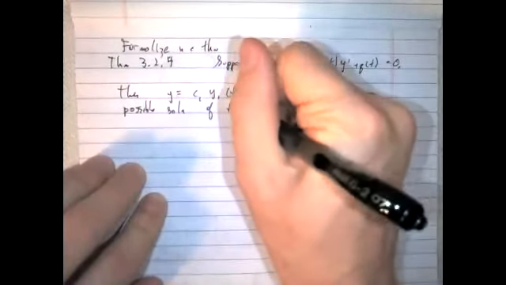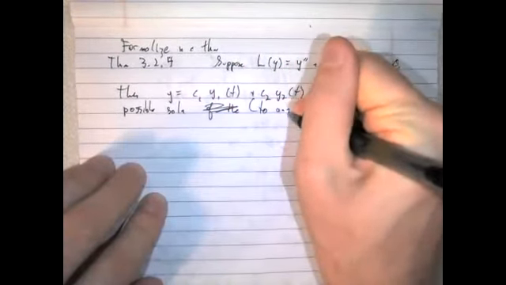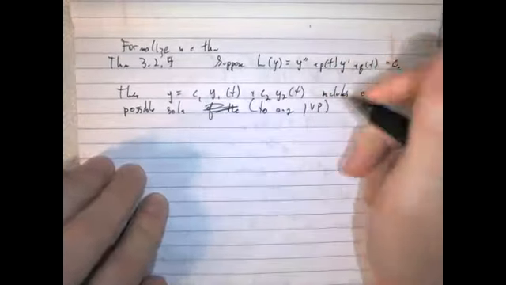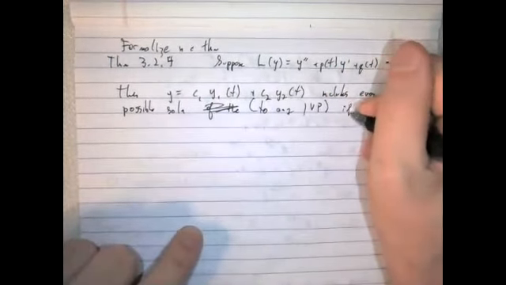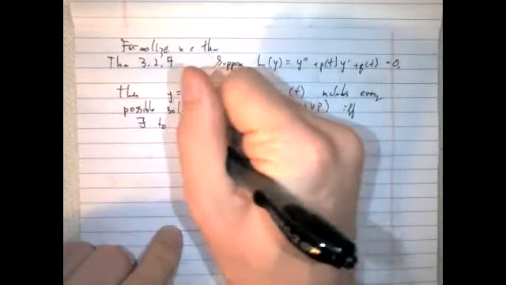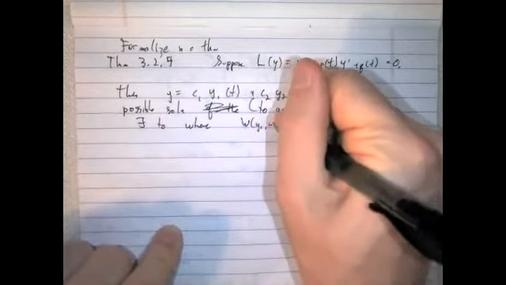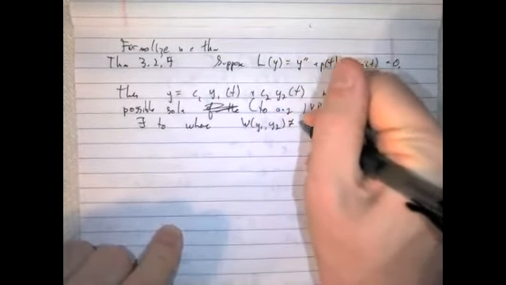of the so really what this means is to any IVP, if and only if there exists a t0 where W of y1 and y2 is not equal to 0.